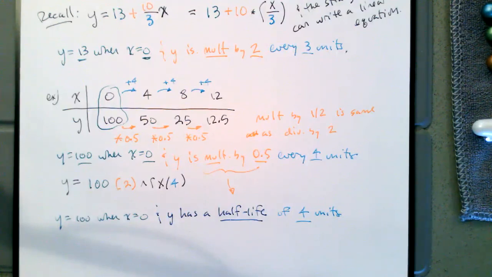So half-life, the most common example would be when we talk about radioactive material. Radioactive material is decaying faster when there's more of it. So as it decays from being radioactive to being inert, it starts to calm down a little bit when there's less of it there.